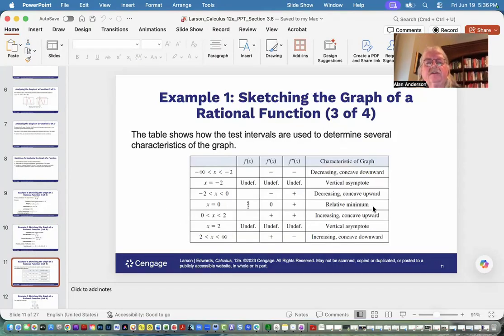Oh, okay, so they just wanted us to see what this chart looks like. And you can see they have gone ahead and filled in the relative minimum point, and they've also included, because they took the second derivative, they showed us based on the signs where the function is concave up and down. Okay, so that's the only part that we didn't do.